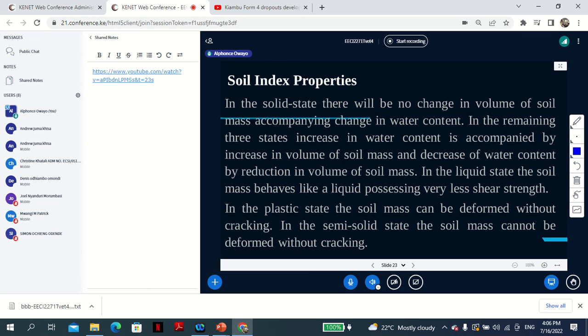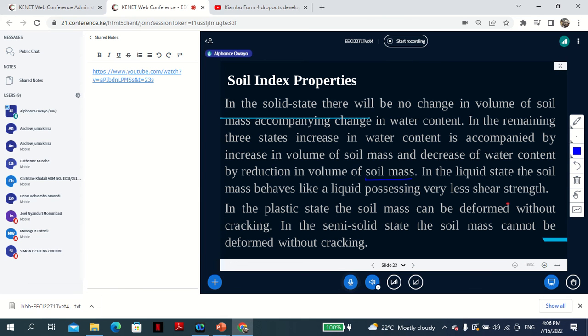In the solid state, there will be no change in volume of soil mass accompanying change in water content. In the remaining three states, increase in water content is accompanied by increase in volume of soil mass and decrease of water content by reduction in volume of soil mass.